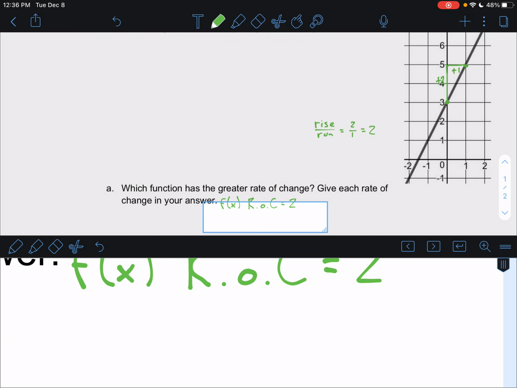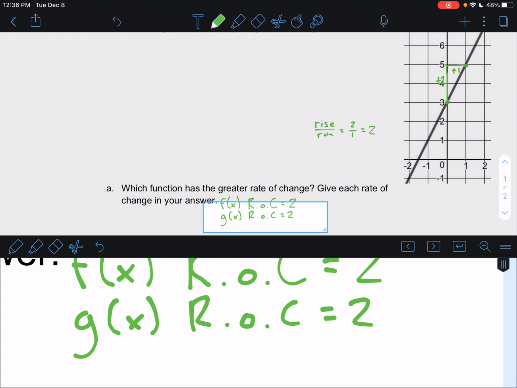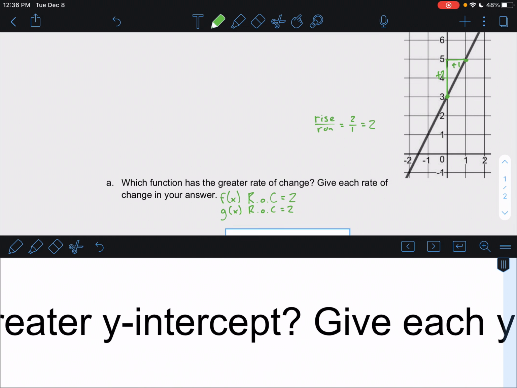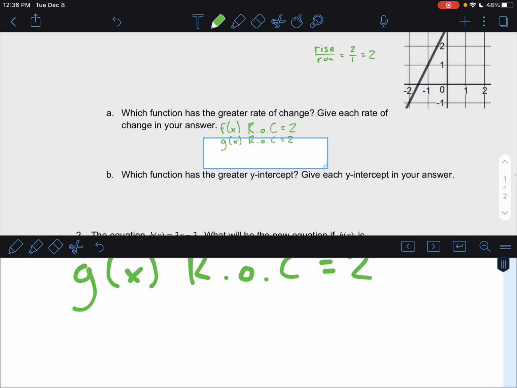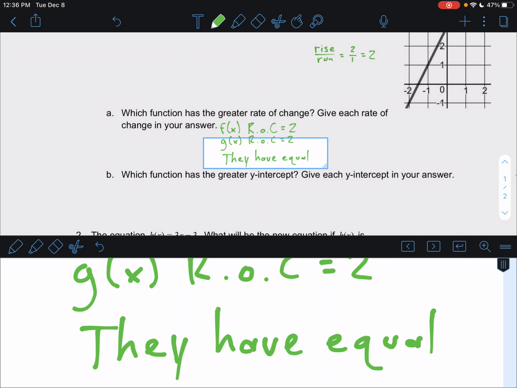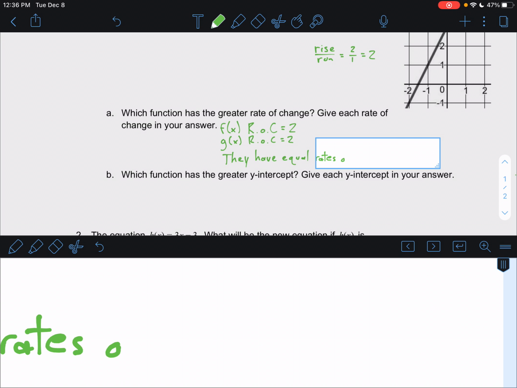So that means g of x rate of change is also 2. Since it asked which one is greater, well, they're equal. Here's my answer. They have equal rates of change.